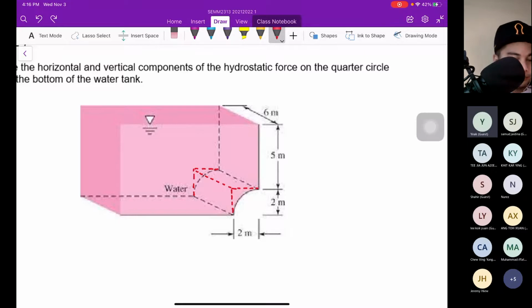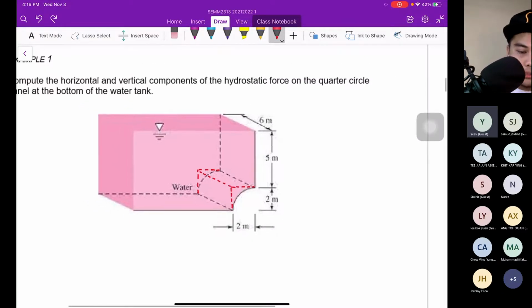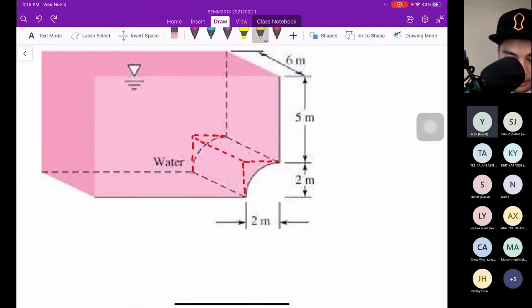So from here, in order to calculate the horizontal force, we must draw the force distribution like this. I think you cannot see, maybe we can use a different color.